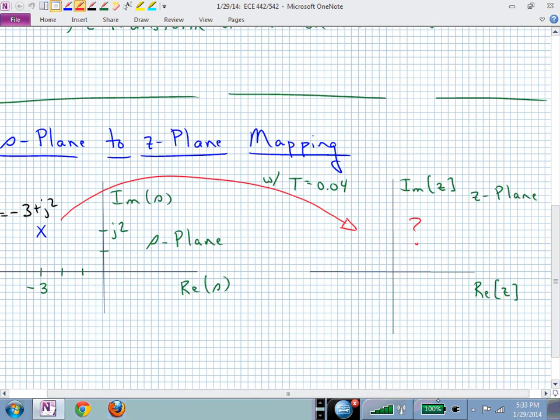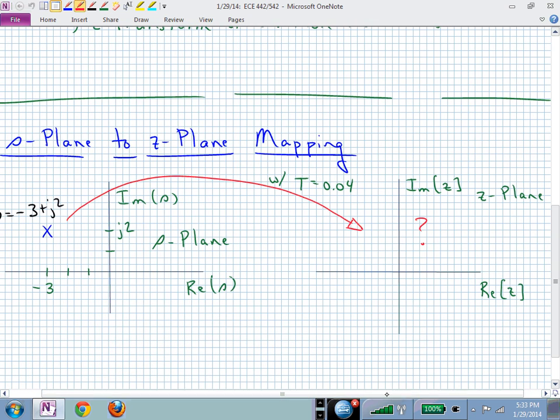this is now the S-plane to Z-plane mapping. We have two distinct complex planes. An S-plane that's complex has a real axis and an imaginary axis. We have a Z-plane that likewise has a real axis and an imaginary axis.